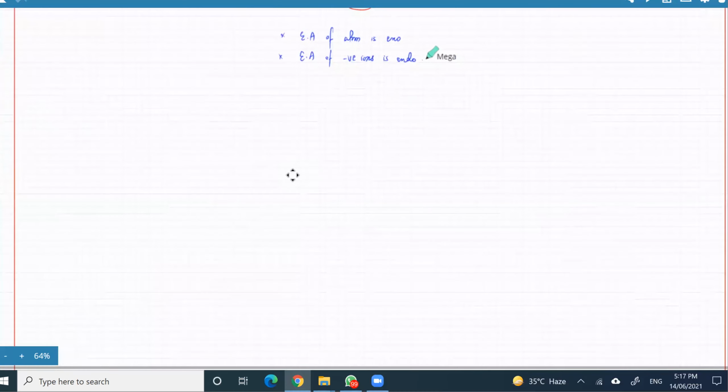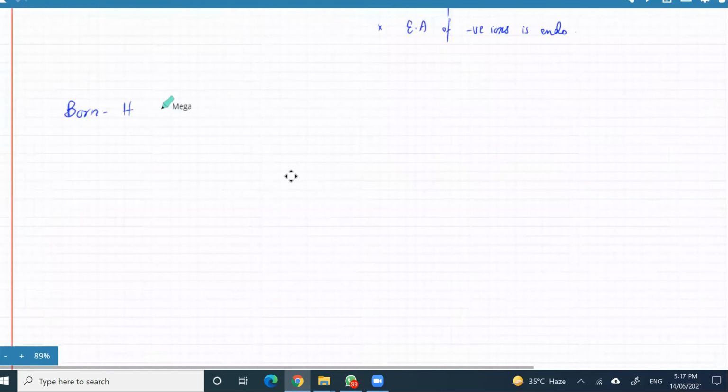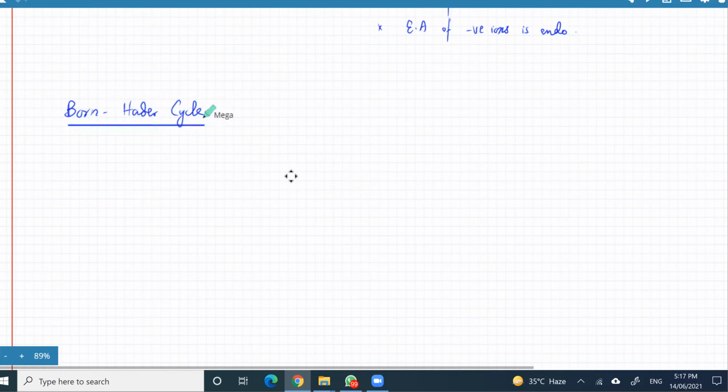In the next class, there's going to be a Hess cycle, which is going to be known as the Born-Haber cycle. The other definitions can wait. This cycle is specifically for calculating lattice energy.